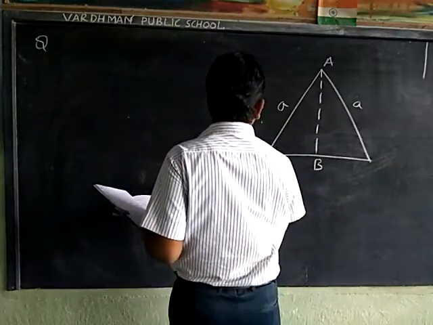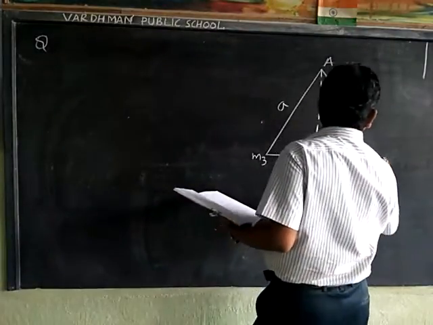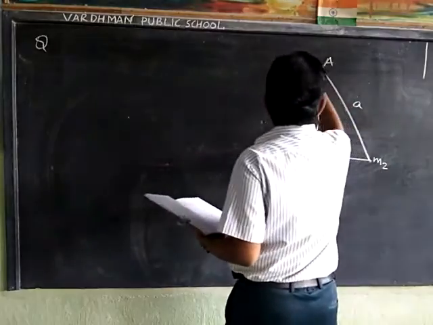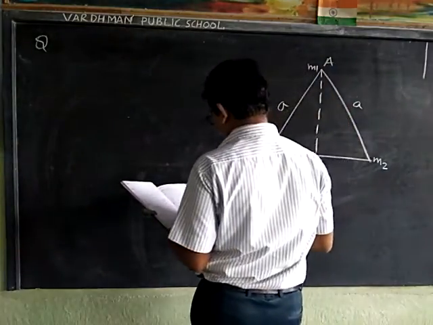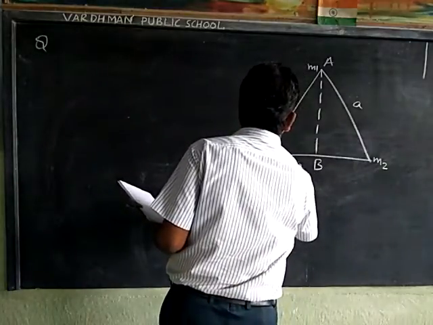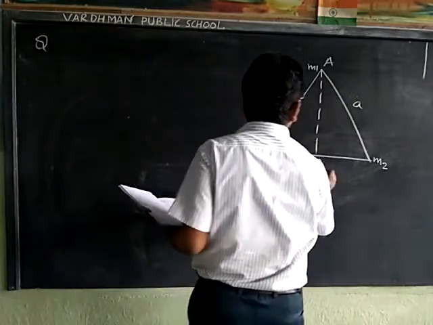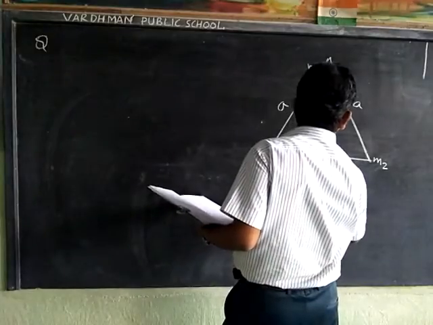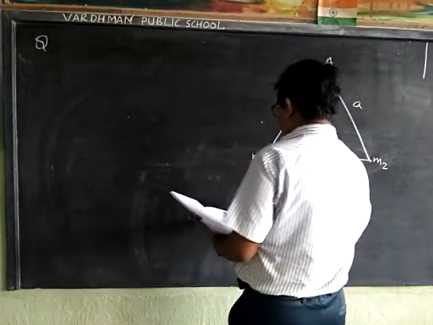Here mass M3, here mass M2, here mass M1. Then this becomes a by 2, a by 2.